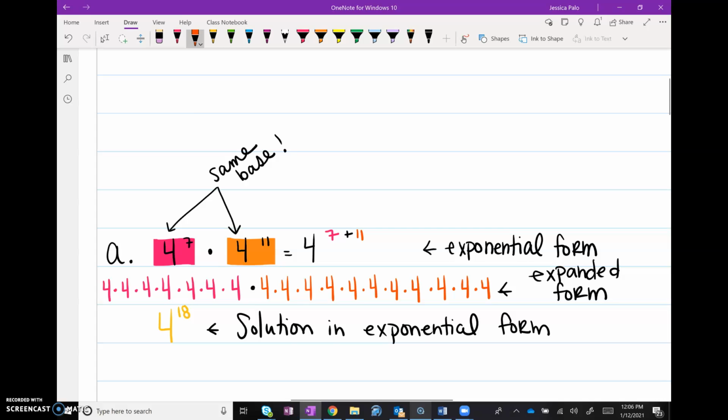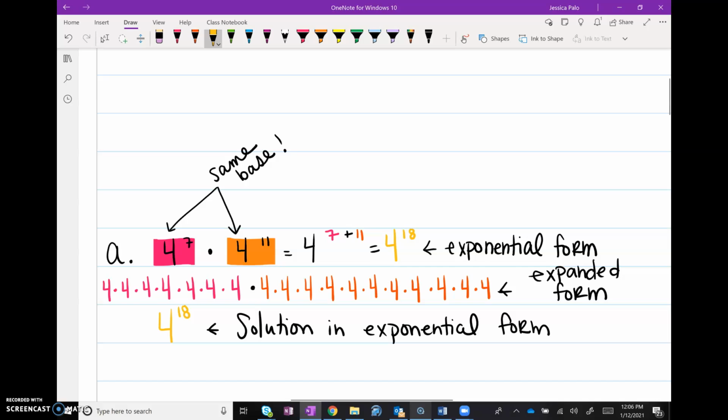What is 7 plus 11? Seven plus 11 is 18. Thank you. So 4 to the 7th plus 11th power would be 4 to the 18th power, which is the same solution we got when we wrote this all out in expanded form.